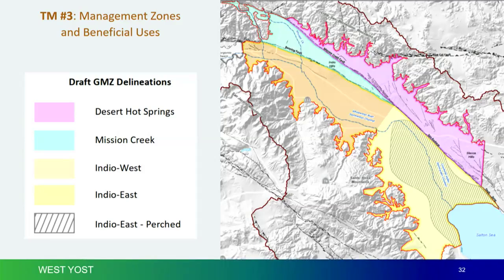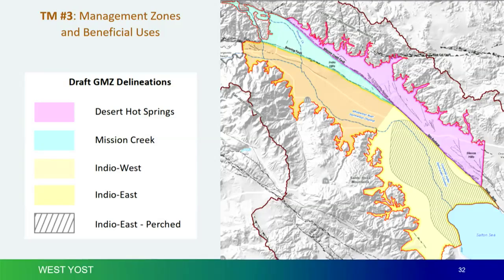It's typically very high in TDS concentrations, and it's warm water, probably from thermal upwelling of deeper groundwaters. But that's the Desert Hot Springs. The Mission Creek groundwater management zone is in that bluish color, sandwiched in between the Mission Creek Fault and the Banning Fault. The city of Desert Hot Springs exists in the northern part of that management zone.